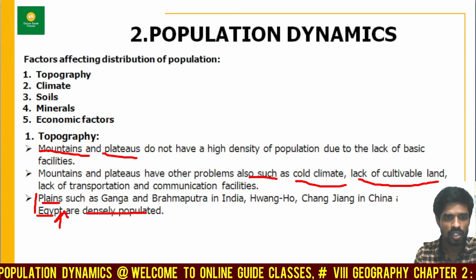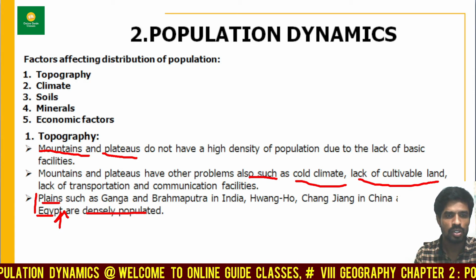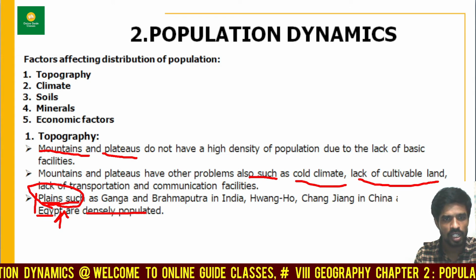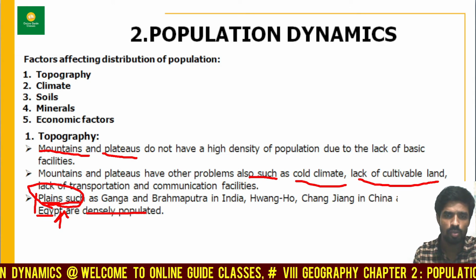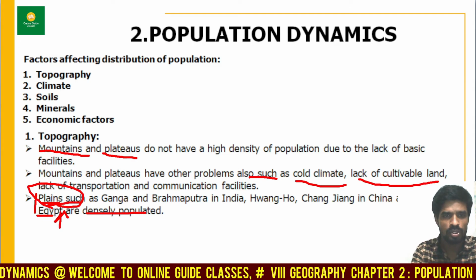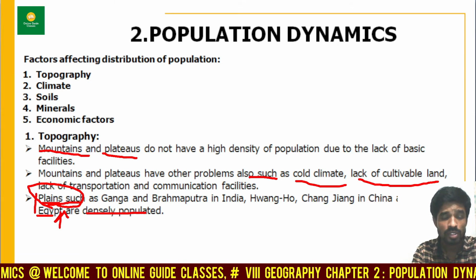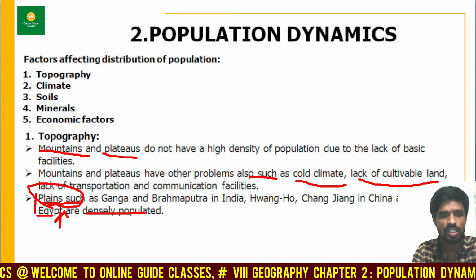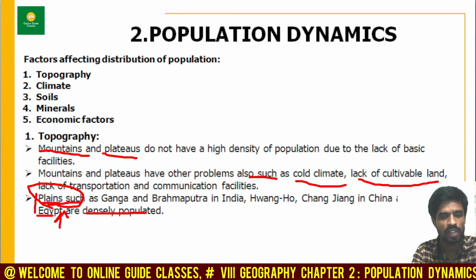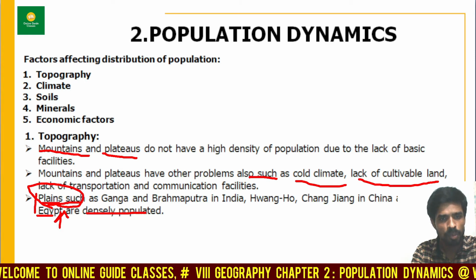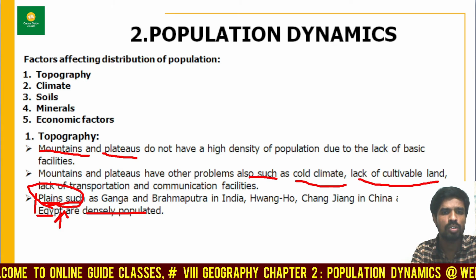So these plains are very fertile lands, very helpful for human survival, to prosper and to produce. Are you all understanding? At the same time, these plains have very fertile land. So due to that reason, people move to the plains.